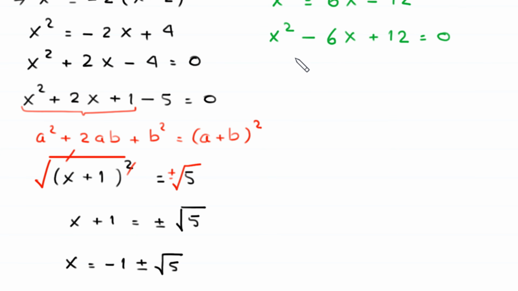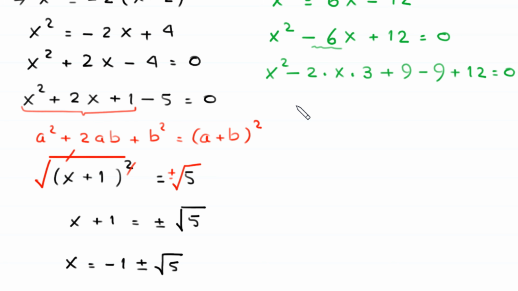Now this is a quadratic equation and is not factorable, so we solve it by completing the square method. We write this x squared, and this negative 6x is same as negative 2 times x times 3. To complete the square, we add here 3 squared or 9. We subtract 9 plus this 12 equal to 0.